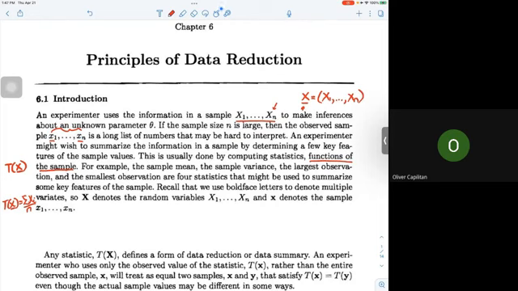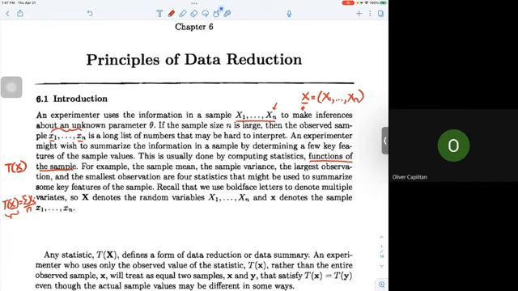I just didn't write that. So we have a function of a sample, and this is the summation of the random variables X sub i over n.